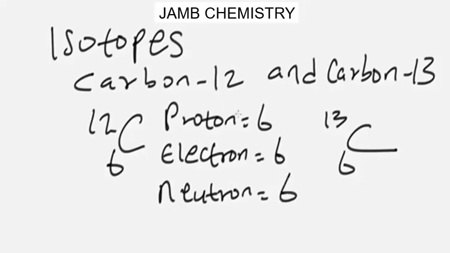That's 12 minus 6, which gives us 6. Whereas in this case, the proton number will be 6. The electron number will be also 6. The neutron number will be 13 minus 6, which will give us 7. Take notes of this.